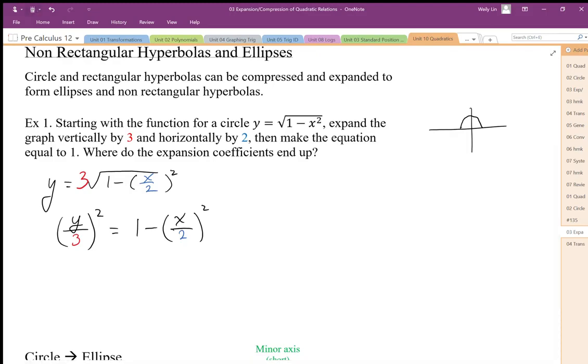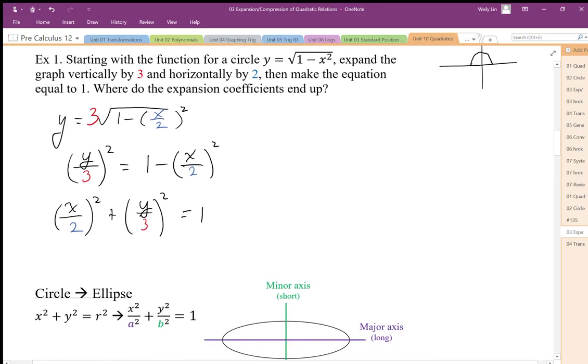When I rearrange this, I'm going to end up with x over 2 squared plus y over 3 squared, and that's going to be equal to positive 1. Typically we don't write it in this factored form.